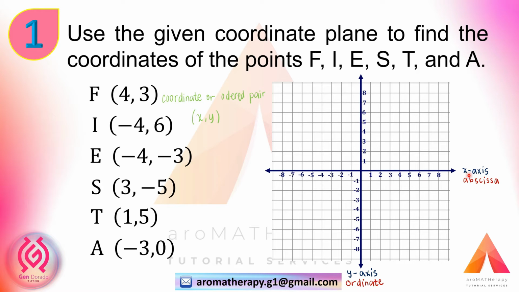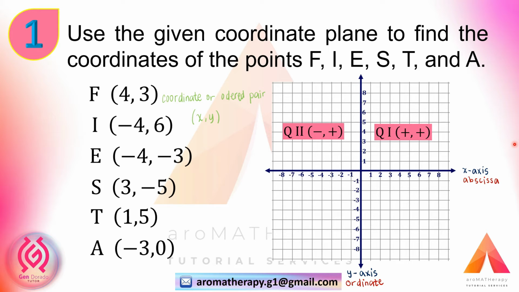This axis, these two axes, x-axis and y-axis, divides your Cartesian coordinate plane into 4 quadrants. So the first quadrant is here, with points positive, positive. Ito siya. Your second quadrant is located here with points negative, positive. Negative si x, positive si y.